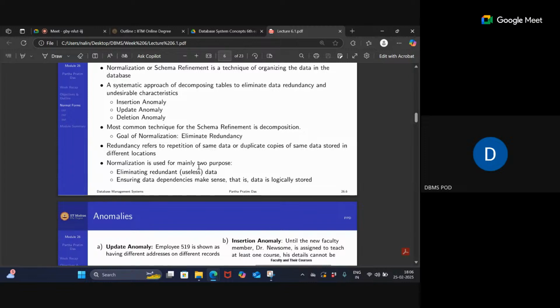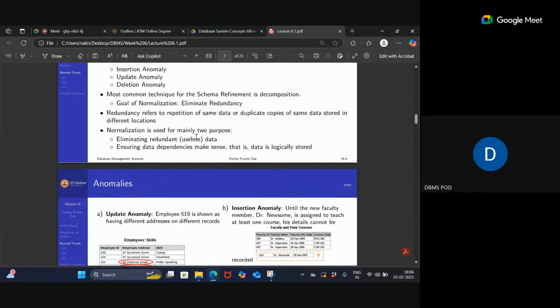Normalization is used mainly for two purposes: eliminating redundant or useless data, and ensuring the data dependencies make sense, that is, data is logically stored.